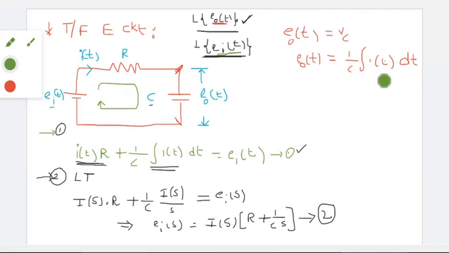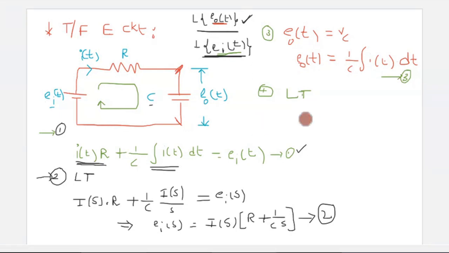Very simple concept. Consider this as equation number 3. In the fourth step, apply the Laplace transform to equation number 3. What's the Laplace transform of E naught of t?